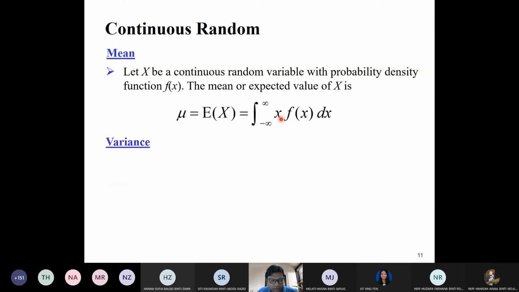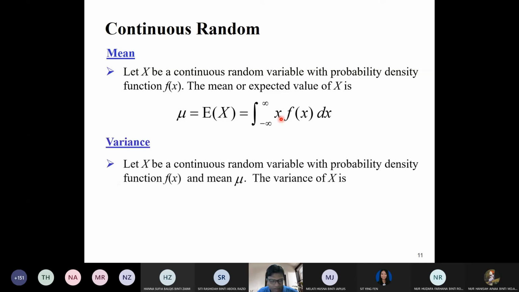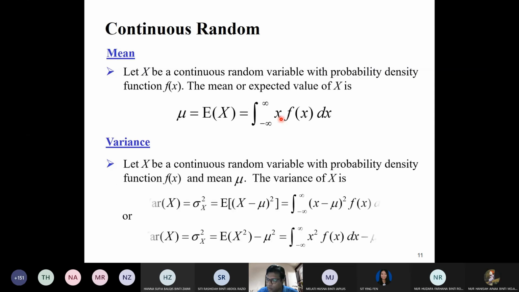Variance we have to do in this way. We write it as Var(X), and the formula is E[(X minus mu) squared], which is equal to the integral from minus infinity to infinity of (X minus mu) squared multiplied with f(x).